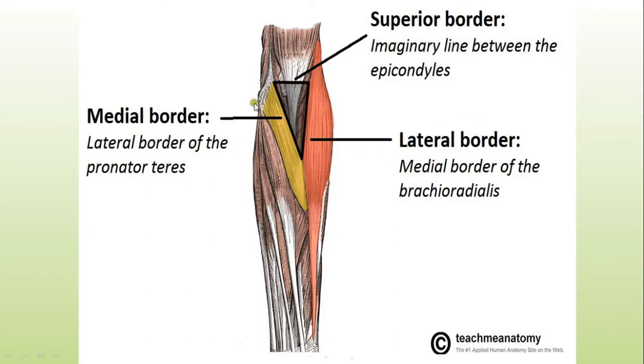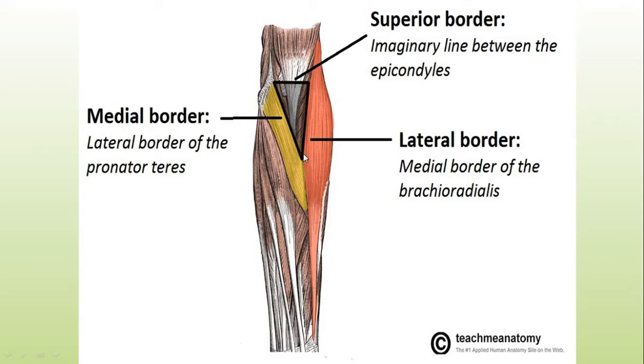The medial border of the cubital fossa is formed by the pronator teres muscle. Again, look clearly at the figure. The pronator teres muscle has two borders, a lateral border and a medial border. The lateral border of the pronator teres muscle is forming the medial border of the cubital fossa.